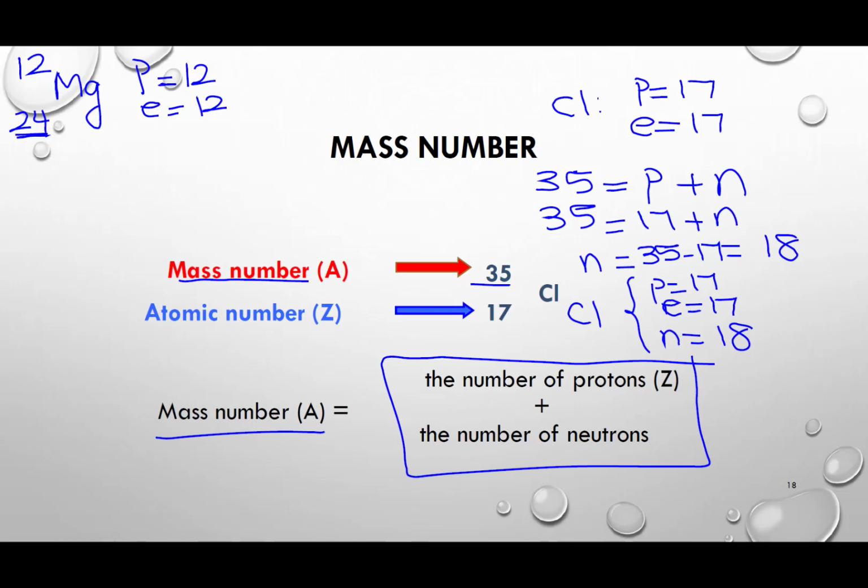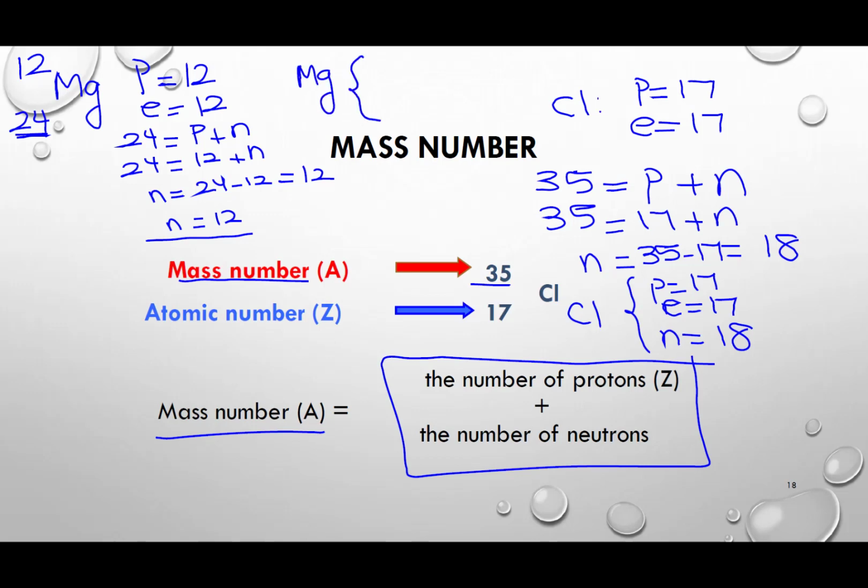The mass number, which is 24, is the total, the combination of protons and neutrons. We know protons is 12, and if you do the math, neutrons is 24 minus 12, which is 12. Then the atom magnesium has 12 protons, 12 electrons, and 12 neutrons.